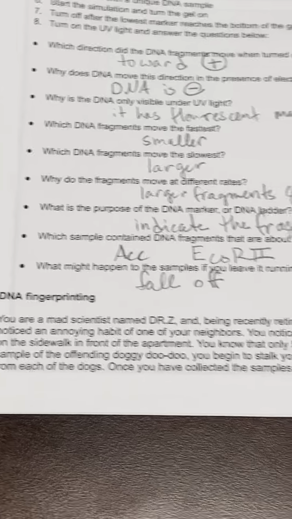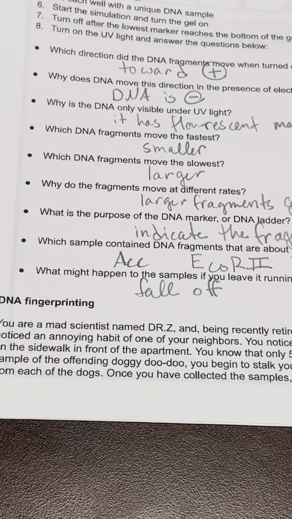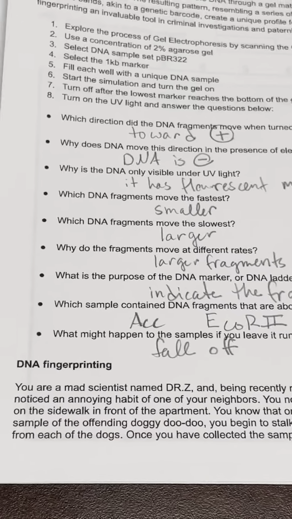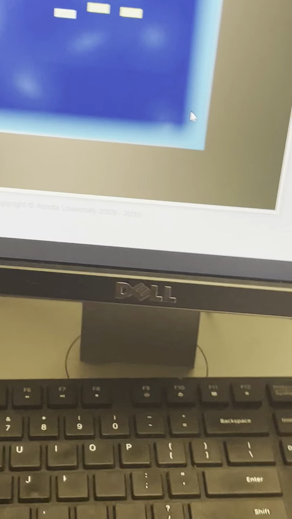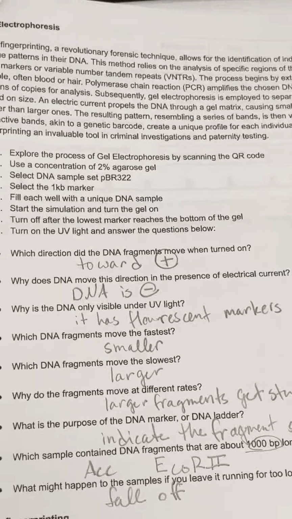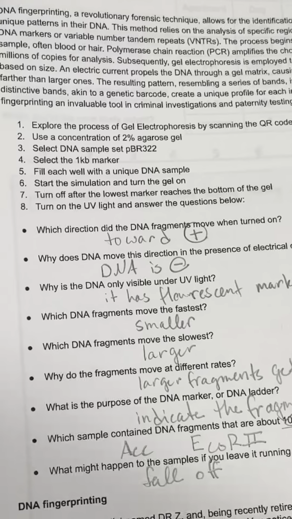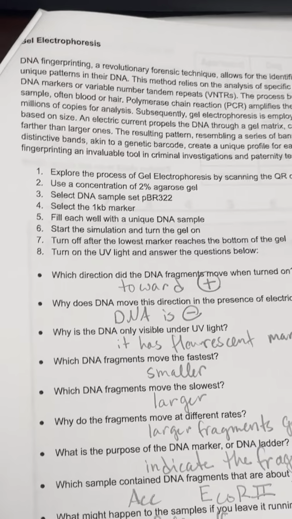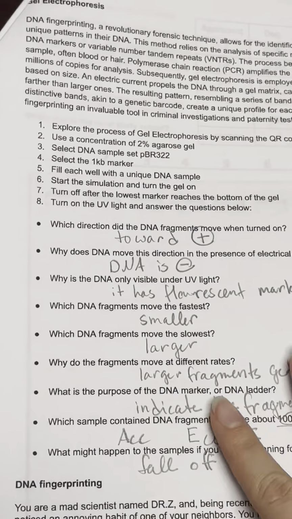Now, the next section is called DNA fingerprinting. So we are going to use the information that we just learned to do an experiment with gel electrophoresis.